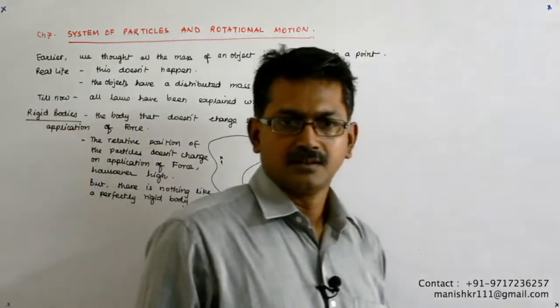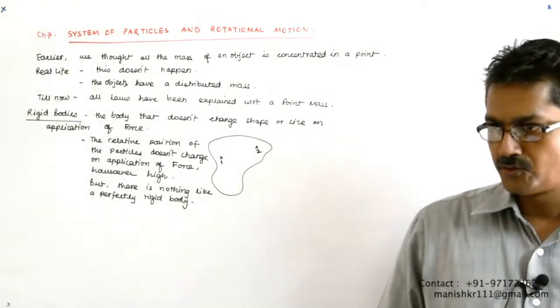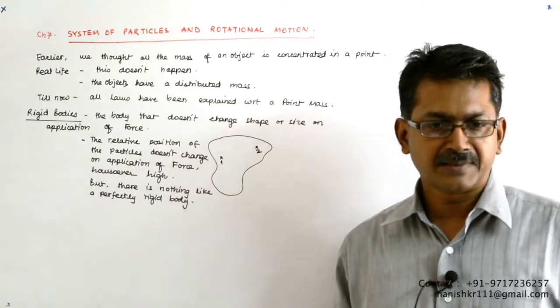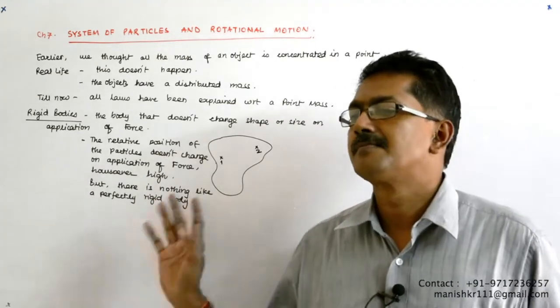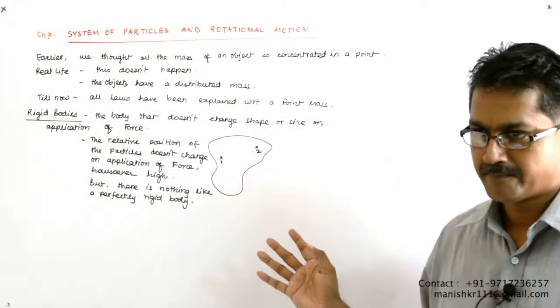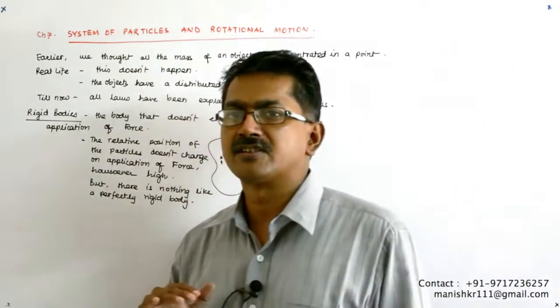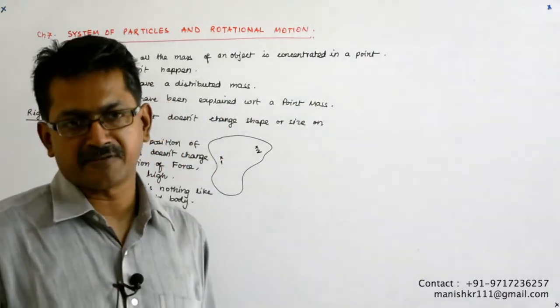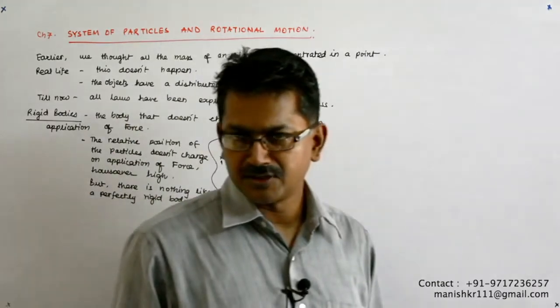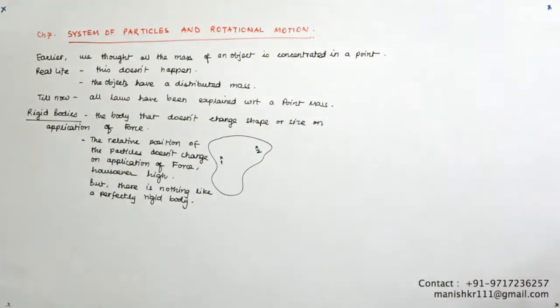You understand? You see the humor. I define something, then I say it does not exist. Then why did you define it? That is the ideal case. So, how rigid or not rigid something is, we'll measure with respect to our perfect definition, the definition for the perfect rigid body. We get the point?